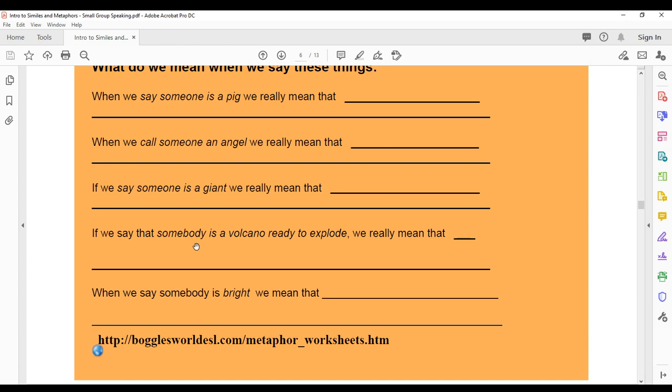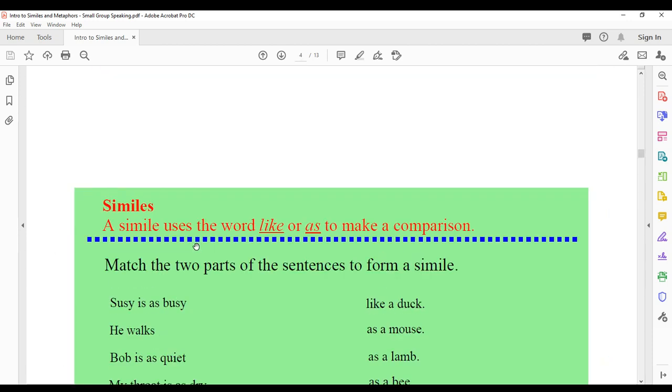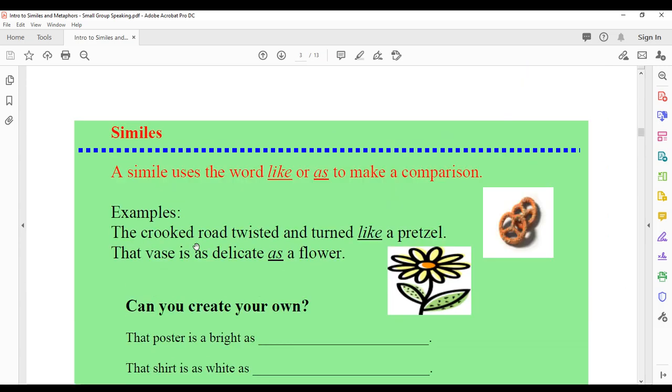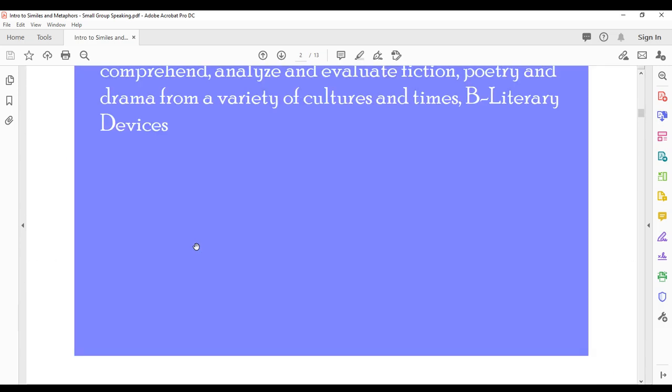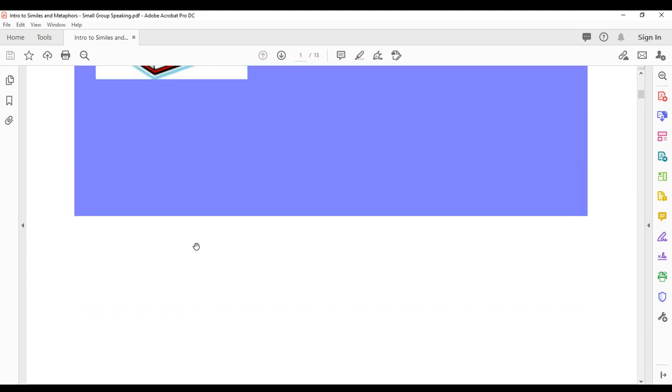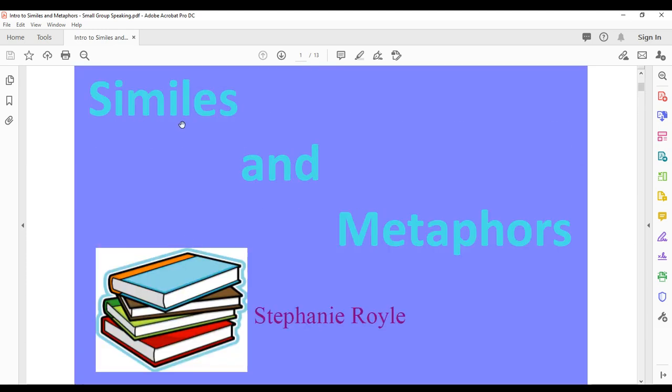Okay, so again, a simile makes a comparison between two things, and with that we use the word like or as. And a metaphor makes a comparison between two things, and we say one thing is another.